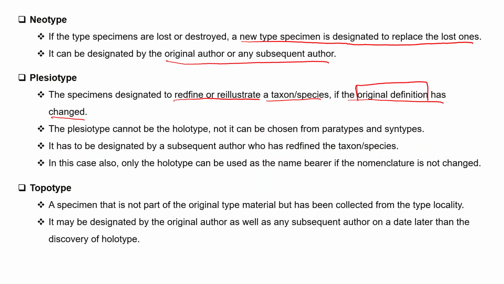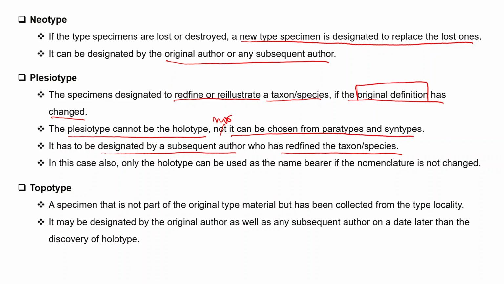Therefore, you need to have a new type specimen which will be called a plesiotype, and then again it cannot be designated by the original author. It has to be done by the subsequent author who has redefined the taxon of the species. So plesiotype cannot be the holotype, nor can it be chosen from paratype and syntype.